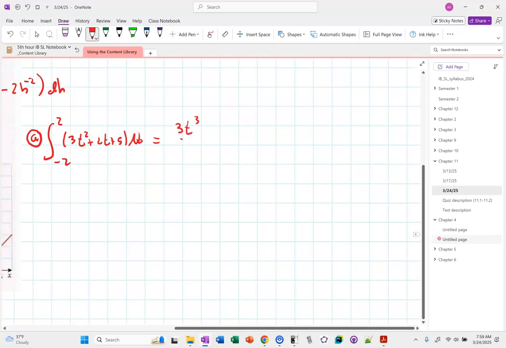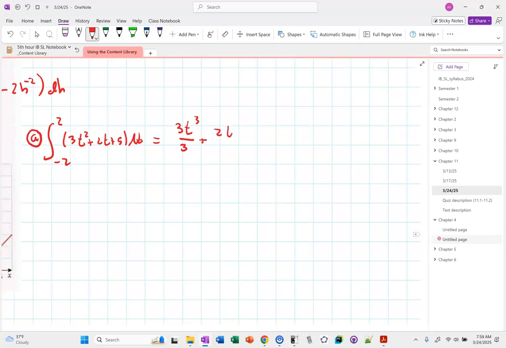So for the first term, that'll be 3t cubed over 3 plus 2t squared over 2 plus 5t. And then we have to evaluate that from -2 to +2, right? So far, so good? So those will reduce out of there. Let's do that.